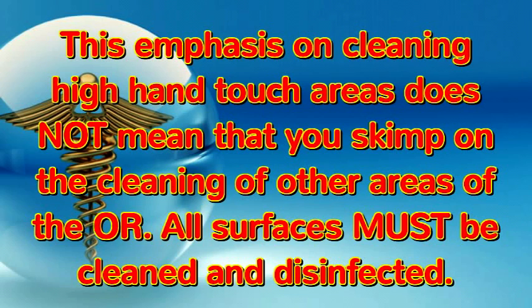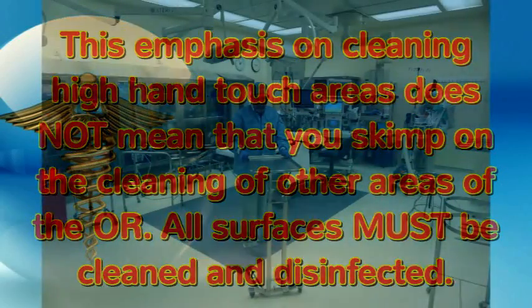This emphasis on cleaning high hand touch areas does not mean that you skimp on the cleaning of other areas around the OR. All surfaces must be cleaned and disinfected. Instead, focusing attention on the high hand touch areas helps to make sure that visible fingerprints, smudges, or smears of blood or bodily fluids are fully eliminated from these surfaces.